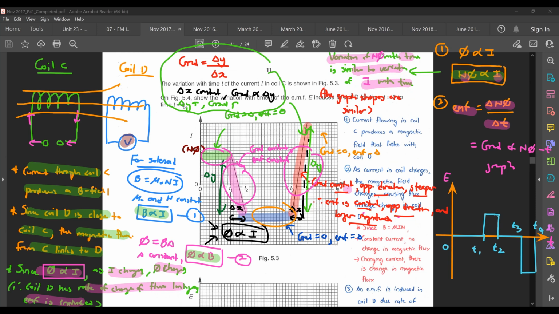You notice that I started off with positive EMF here before moving on to negative EMF. If you have drawn your graph with negative EMF first, followed by positive EMF like this, it's also fine.